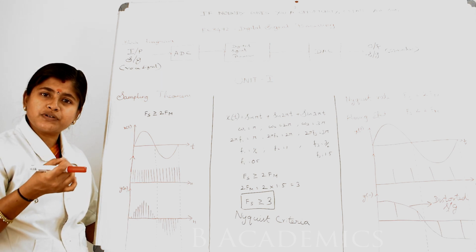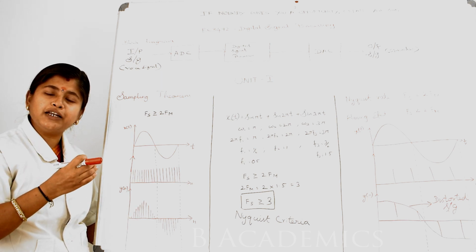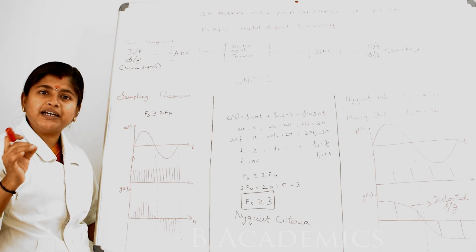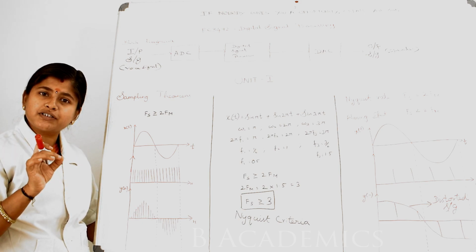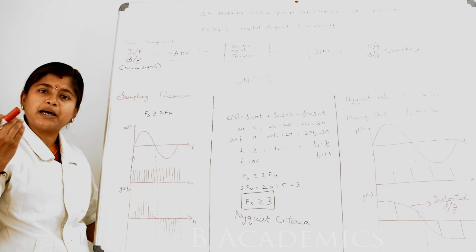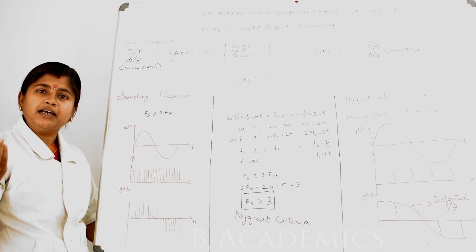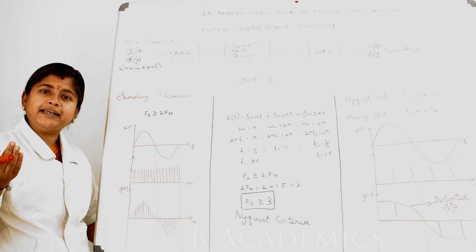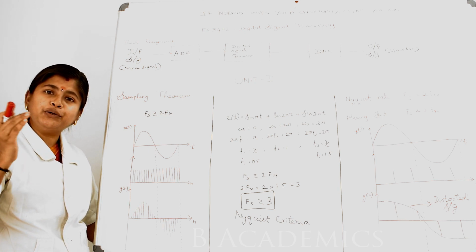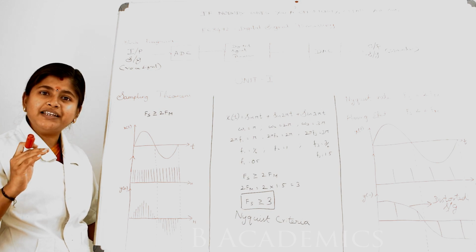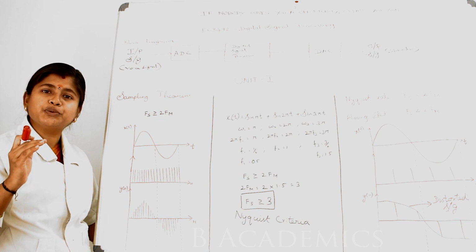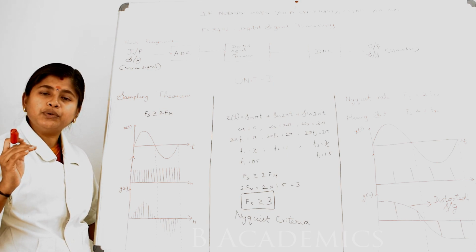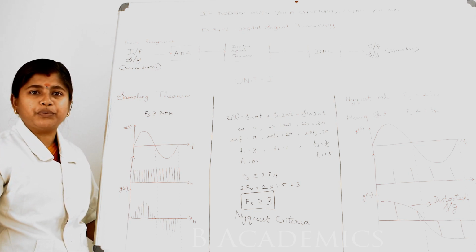The sampling process is where you convert your analog signal into a digital signal without any condition. This is just a conversion process. Whereas the sampling theorem states that after converting your analog signal to a digital signal, it can be reconstructed back to your original form, with the condition that your sampling frequency should be greater than or equal to twice the maximum input frequency.